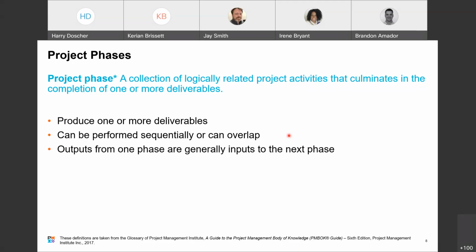Phase M can still be going while you start phase N. Okay, and especially when you have phase termination before you start a new phase, outputs from the first phase can generally be an input to the next phase. So later phases can depend on the previous ones.